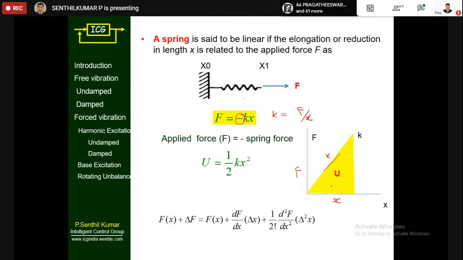How do you find this formula? Half into x into F. F is nothing but kx. So ultimately you get half k x square. This is very, very important. You may get this question for 1 mark. The total potential energy stored in a spring is half k x square.